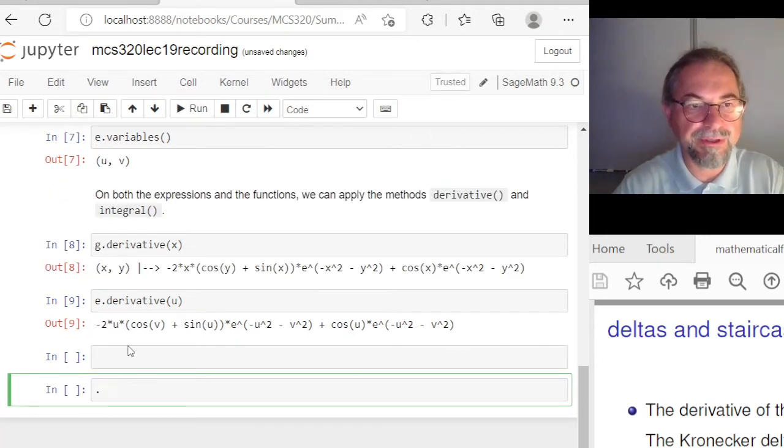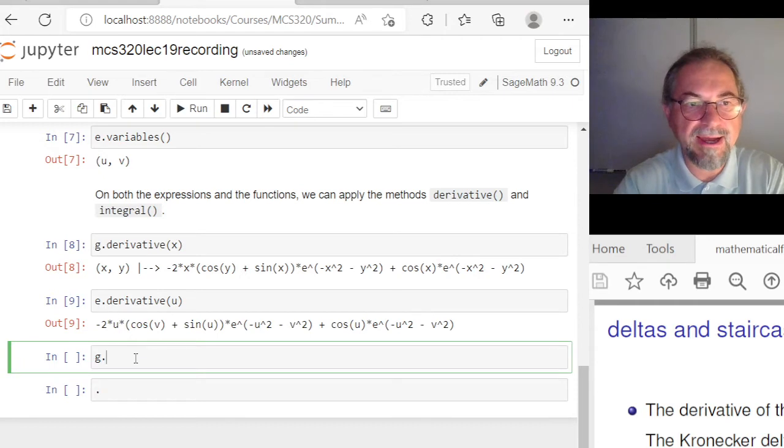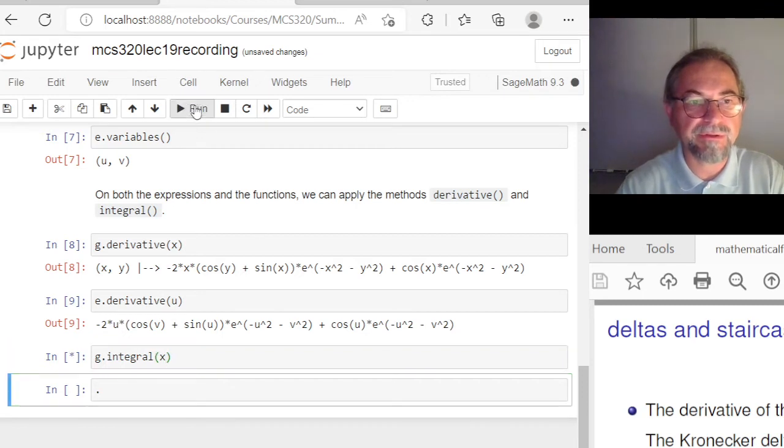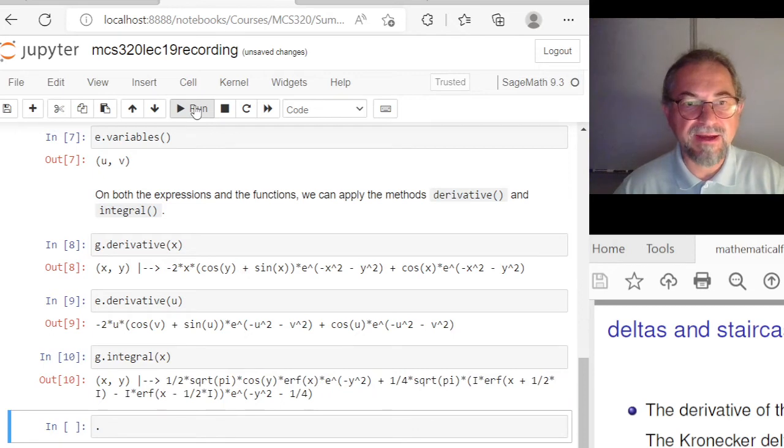To make the point, I can also take the antiderivative. So these are functions in several variables, but we are not scared of those because we have taken a course in multivariate calculus. Now, it took a while and the expression is a little bit inconvenient to read.